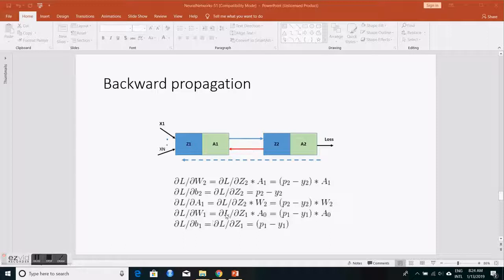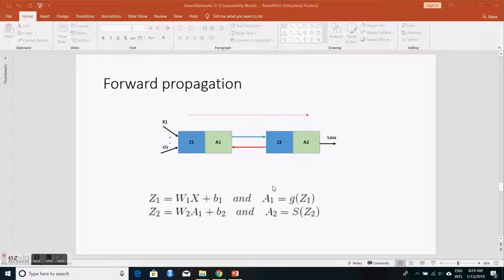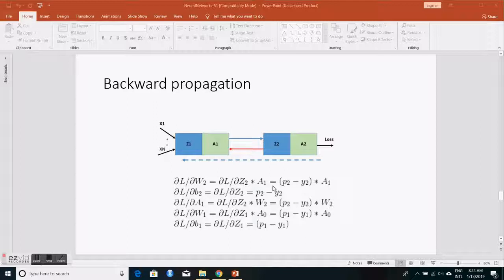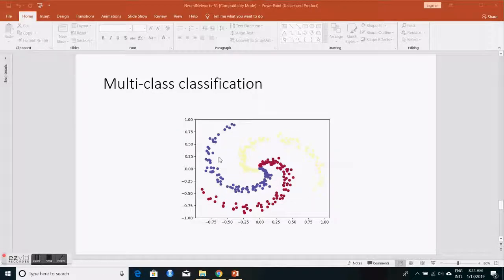And ∂L/∂W1 is again similar, ∂L/∂Z1 into A0, and ∂L/∂Z1 is P1 minus Y1, and ∂L/∂B1 is ∂L/∂Z1. Now with all these formulas for forward and backward propagation, we can do gradient descent. Once we do this, we can keep on iterating and we will get the lowest cost.